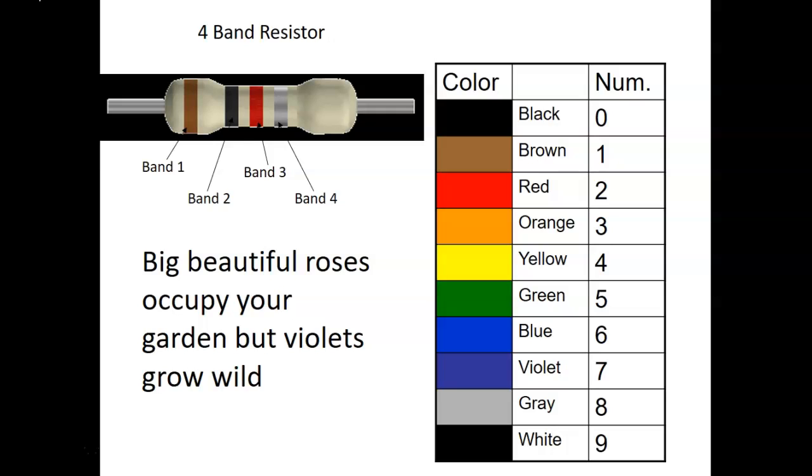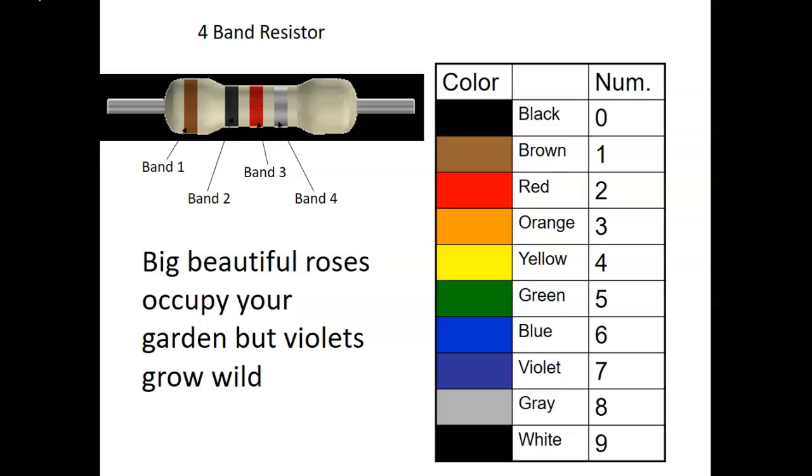Bands 1 and 2 are number bands. What that means is that if I match band 1, brown, to the number 1, and band 2, black, to 0. Band 3 is a multiplier band, so that means I'm going to multiply 10 times whatever band that corresponds with.